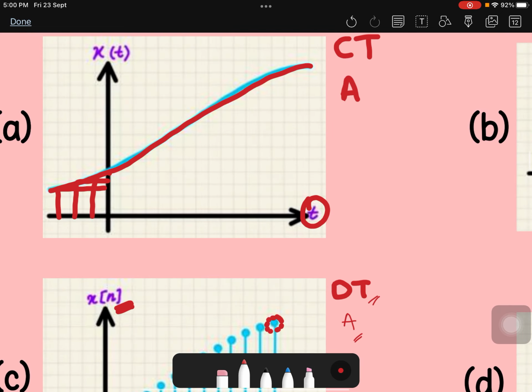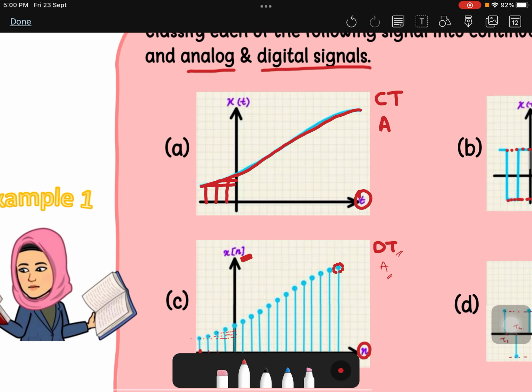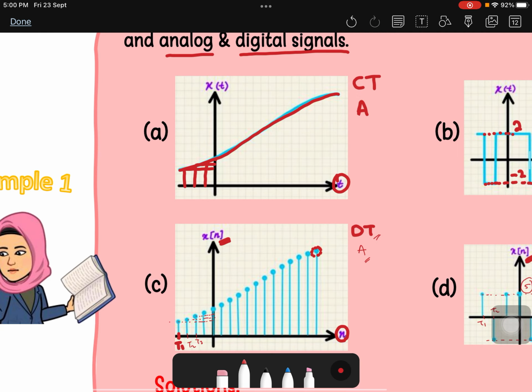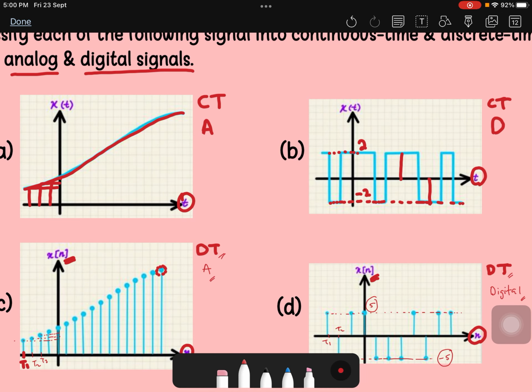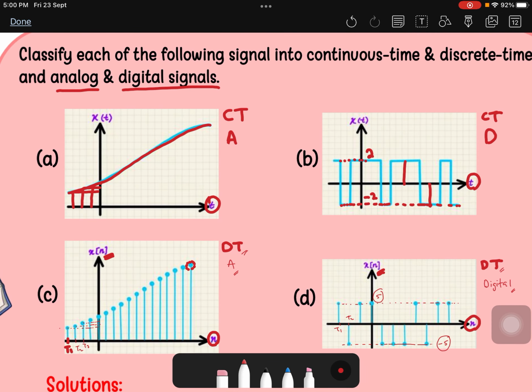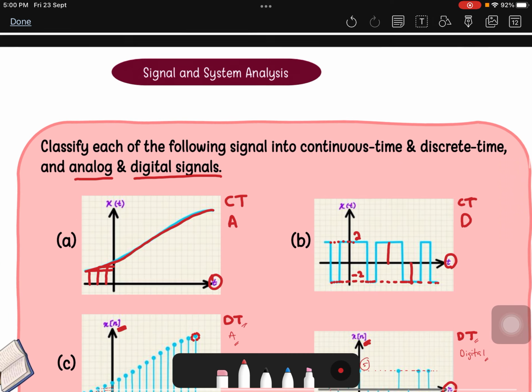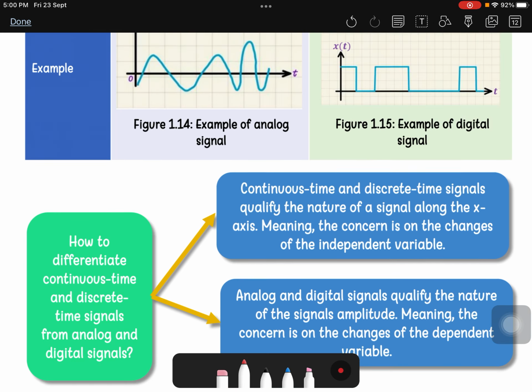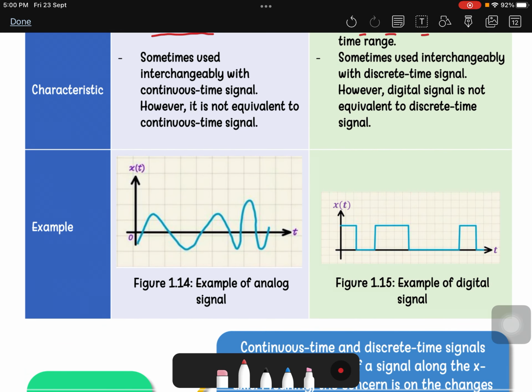The purpose of example number 1 here is for you to differentiate between continuous time and analog, and discrete time and digital. As I mentioned in class, and as written here in your notes, sometimes some people use the terms continuous time and analog interchangeably, but actually they are not the same.